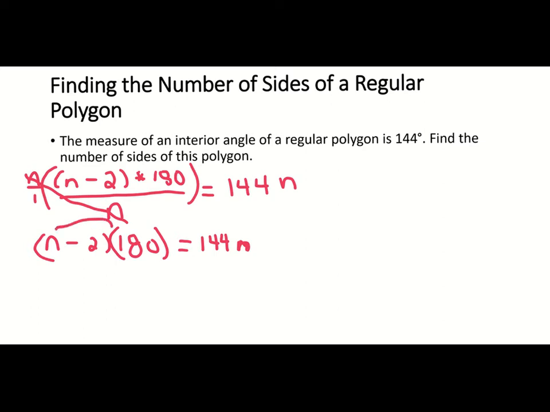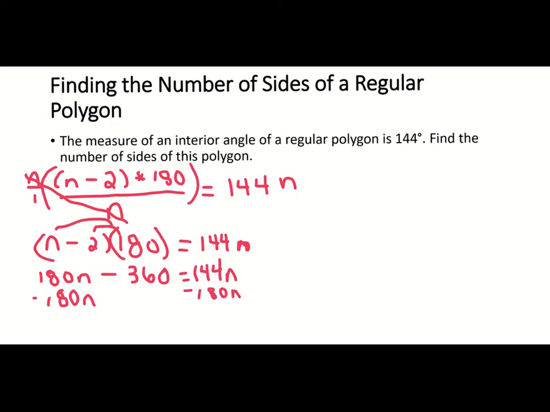We'll make it a little bit easier. So I'm going to have 180n minus 360 is equal to 144n. So then I'll subtract 180n to get my n's on the same side.